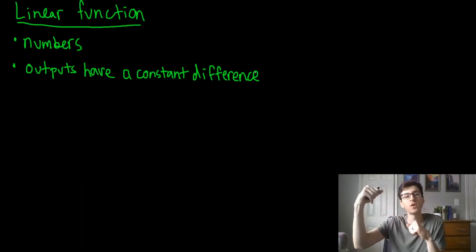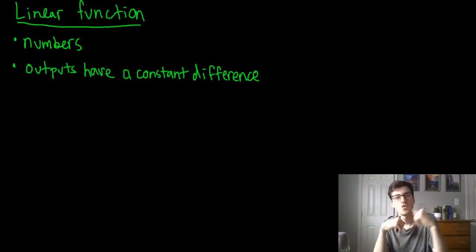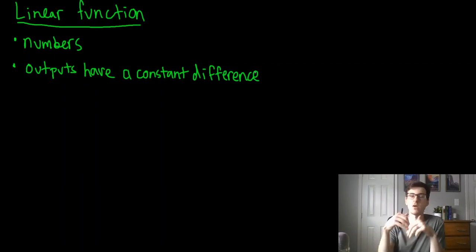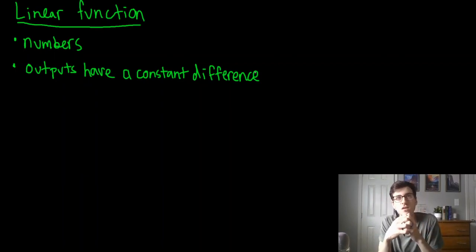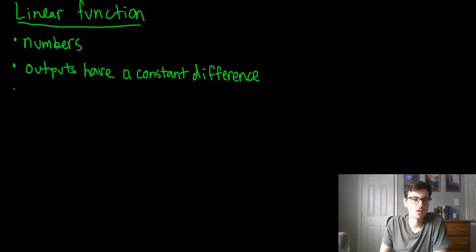So maybe 2 in my input, I go up 4 in my output, right? It's constantly the same. We could say that we have a constant rate of change.